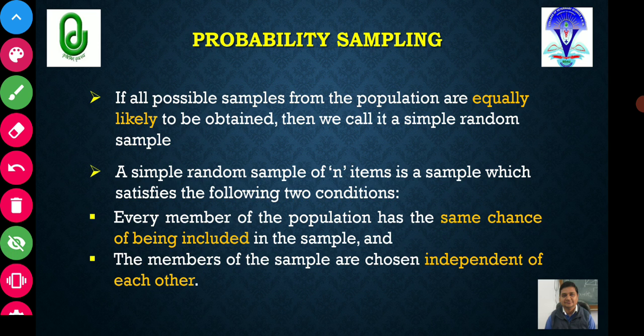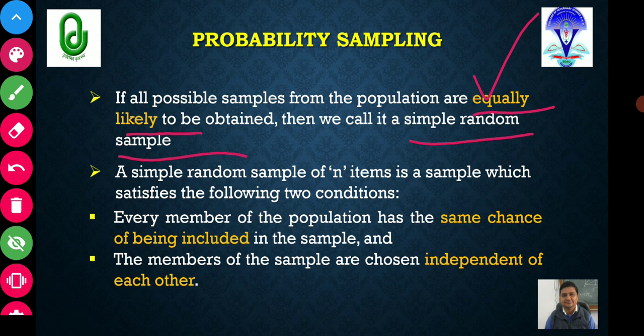So if all possible samples from the population are equally likely to be obtained, then we call it a simple random sample. So this is a very important point, that in simple random sampling procedure, each and every individual is having equally likely chance of getting selected.